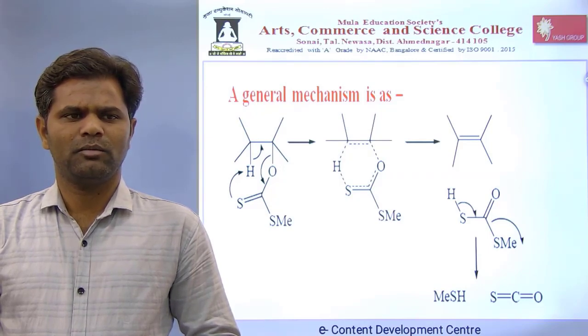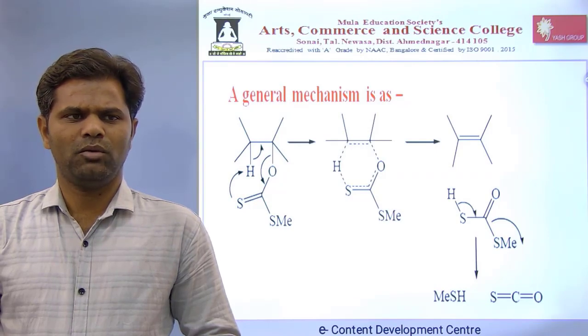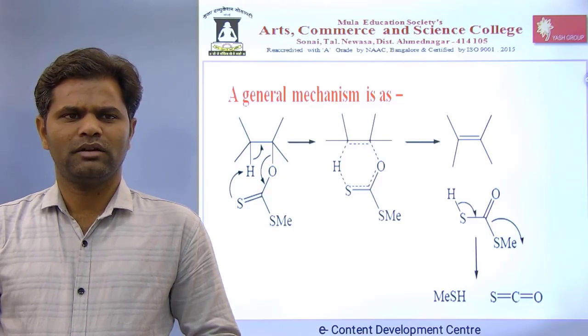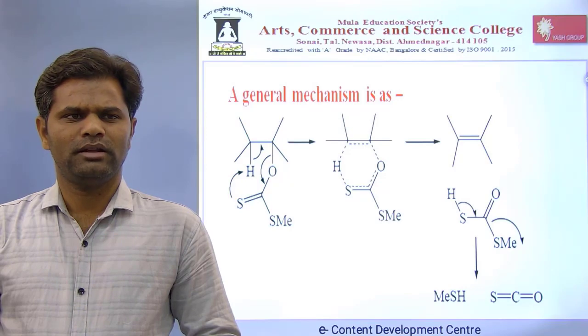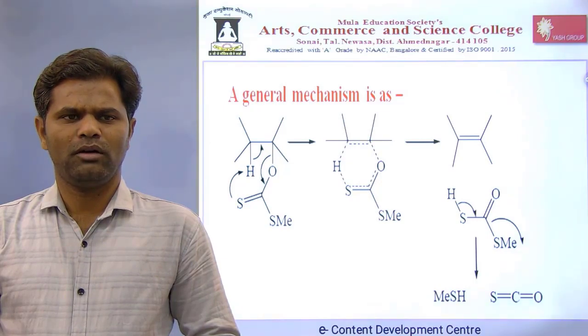In this case, if you consider the xanthate group S Me C double bond S O, when it undergoes the pyrolytic elimination, the reaction goes through the formation of such type of six-member cyclic transition state, in which there is a new bond formed between the carbon-carbon atoms, as well as there is a double bond formation between carbon-oxygen atoms, and the double bond between carbon and sulfur undergoes breakage.